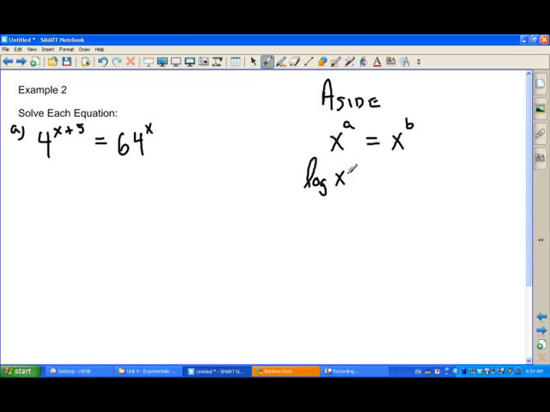If I take the common logarithm of both sides, and I use the power law to bring down my powers, I can then divide both sides by the common logarithm of the base, and I'd be left with a equals b.